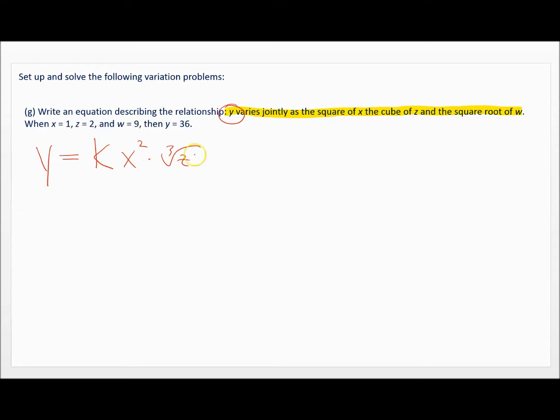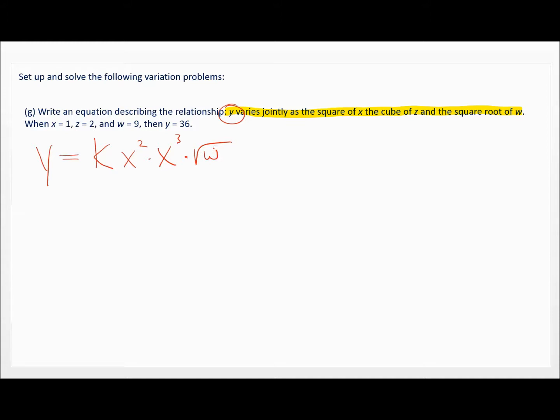The cube of z. If you paused and are doing that, don't freak out just yet. You're right. It's the cube of z, so z to the third. So the square of x is x squared. The cube of z, not cube root, not square root. Square means to the second power. Cube means to the third power. And the square root of w, that one is under a radical. There we go. There it is.